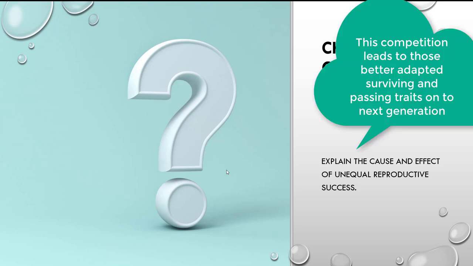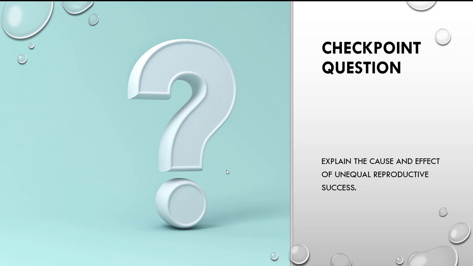So that means that we have unequal reproductive success. Okay, so unequal reproductive success is due to the fact that we have variation within populations, and the ones with the best traits survive, the ones with the not so good traits die off. Okay, so we end up with the survival of the fittest.